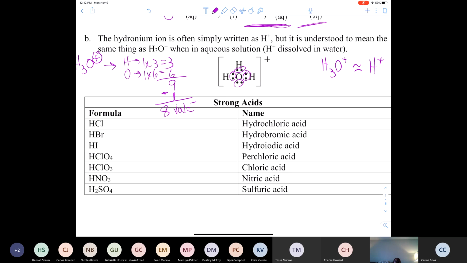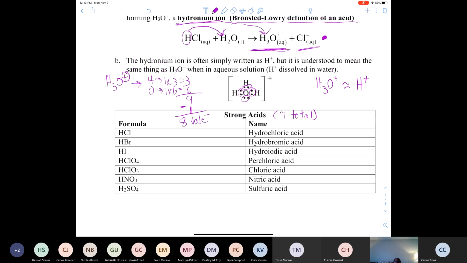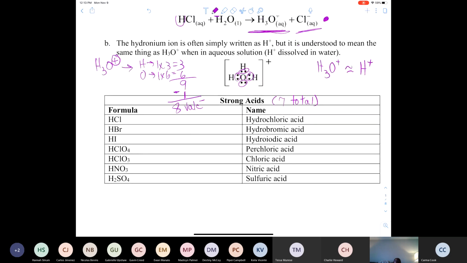There are 7 total. So if an acid is not in this table, that means it's not a strong acid. It's a weak acid. So like acetic acid, which we mentioned earlier, it's in vinegar. It's not on this list. So therefore, it has to be a weak acid.